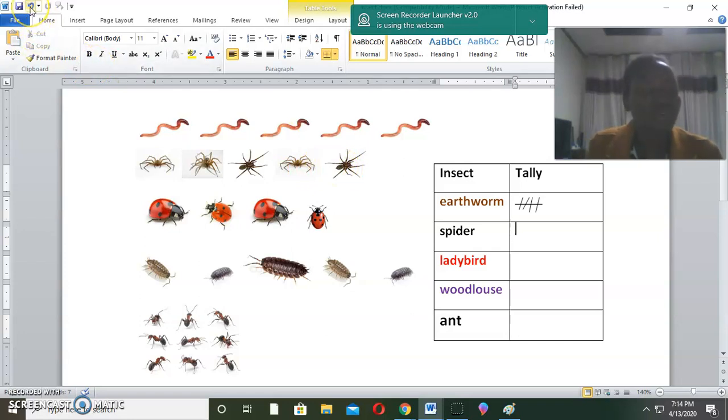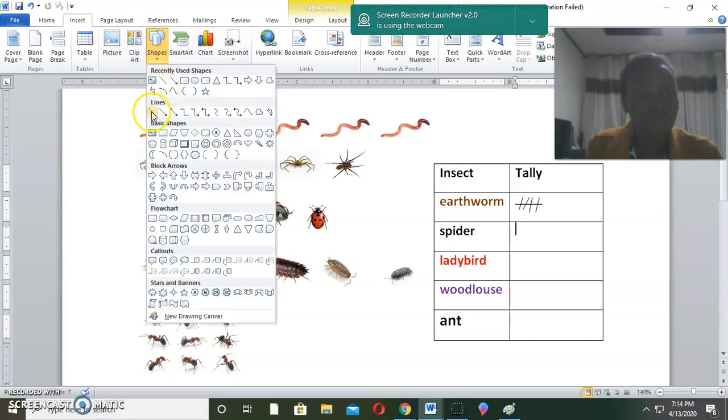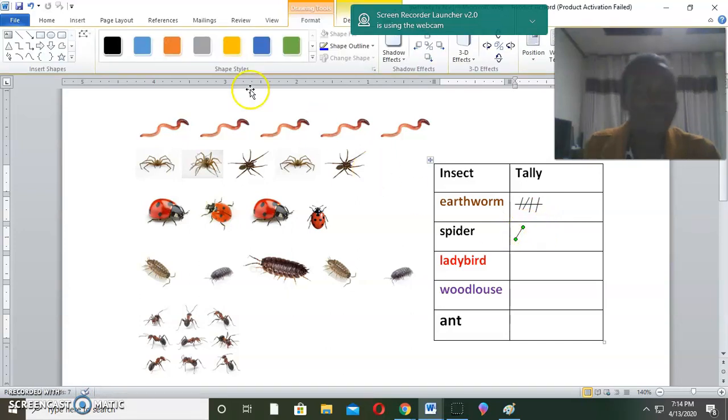I'm going to draw 5. 1, that is 1 spider. 2, those are 2 spiders. 3, those are 3 spiders. 4, those are 4 spiders.